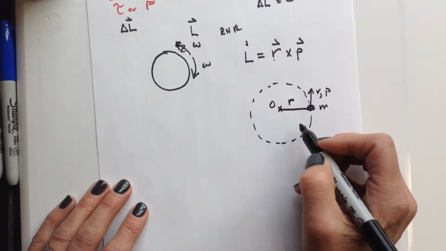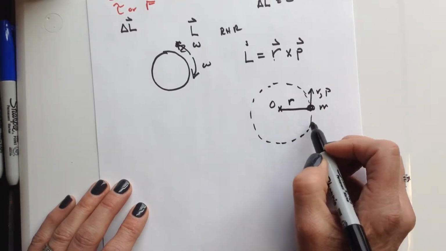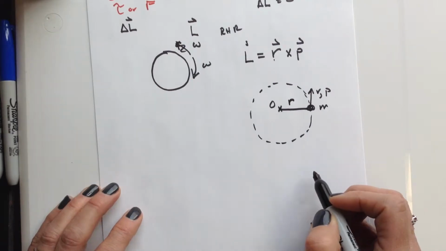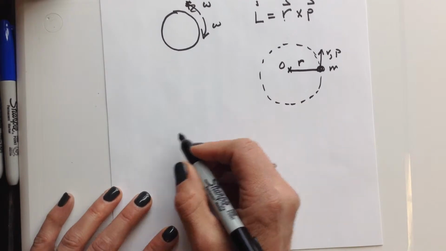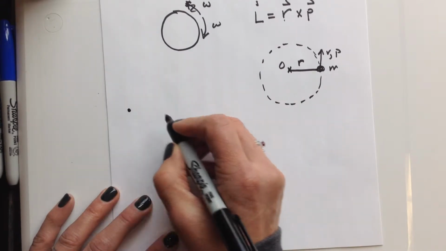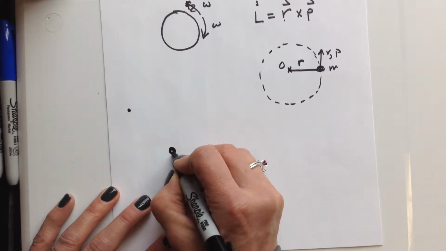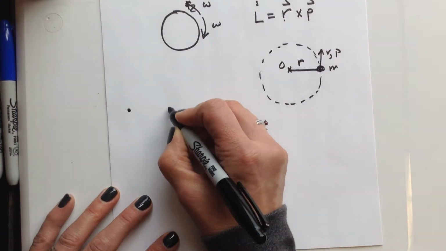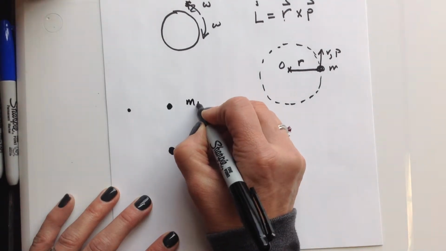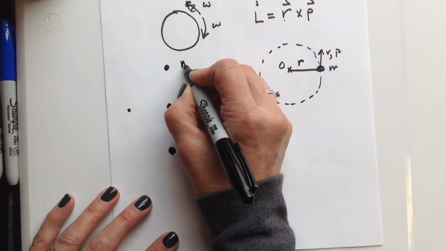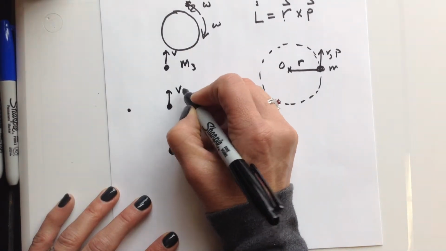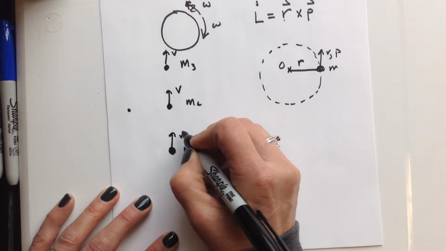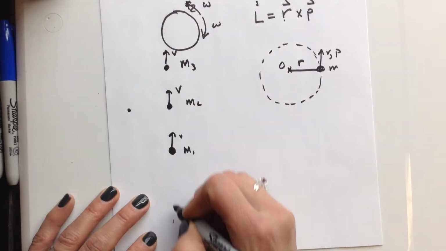Now, interestingly enough, if a particle is not moving in a circle, if it's moving in a straight line, it also has angular momentum relative to an observation point. So what do I mean? We take a point here, and let's say we have a couple of different objects, M1, M2, and M3, and they are all moving with the same velocity upwards along a straight line.